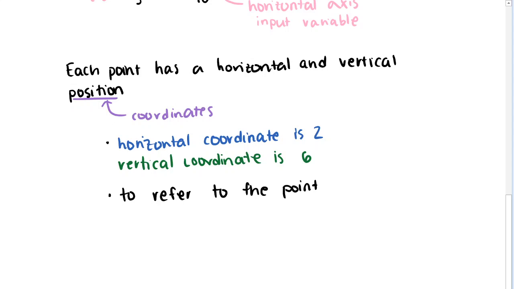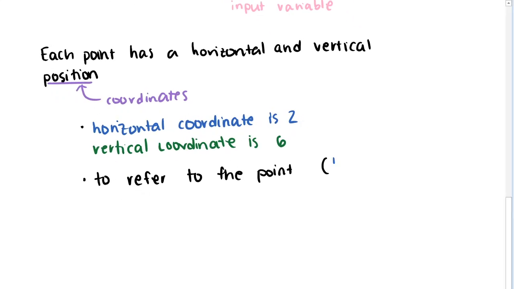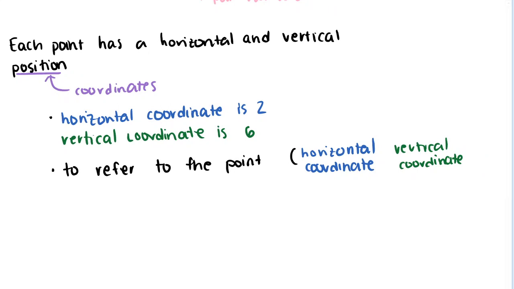We write that as the horizontal coordinate first, then the vertical coordinate second, in between parentheses. So here, maybe I'll write that down more generally first, and then I'll write it down precisely. If we want to refer to that point, we write down the horizontal coordinate followed by the vertical coordinate, we separate these two things with a comma and wrap them in parentheses.